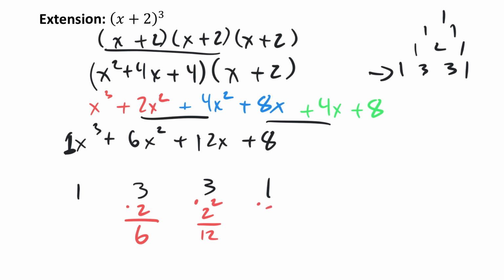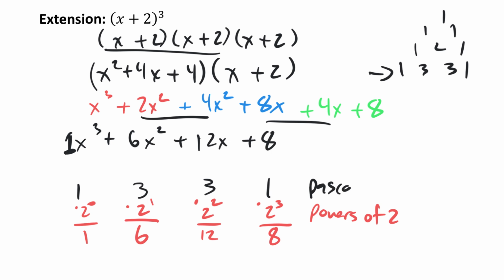And I'm going to multiply by 2 cubed. 2 cubed times 1 is 8. Oh, okay, so then if this was just 2 to the 0, that'll be still 1. And what you notice here is I have powers of 2, and in this case they're counting up. Now these are the Pascal numbers.